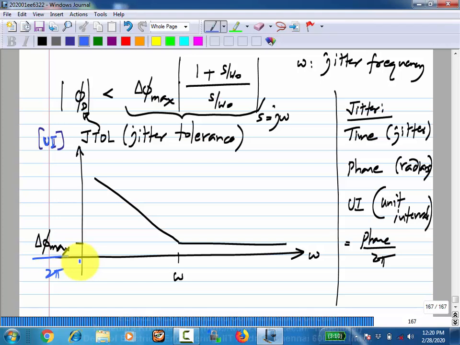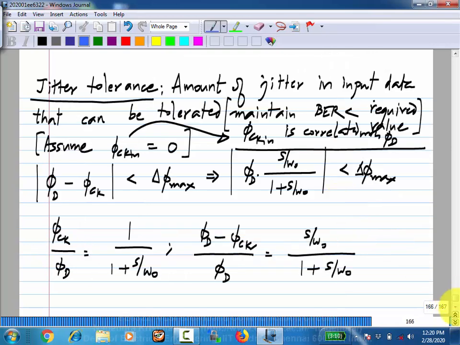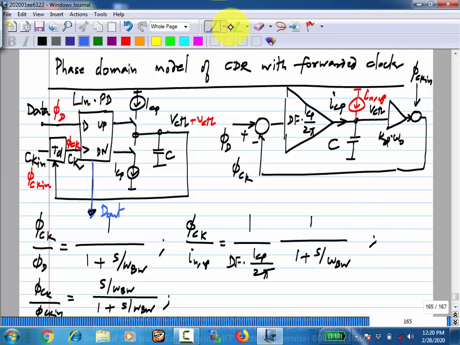The way you measure it is, you measure bit error rate. In practice, you don't care about whether this is within 1 degree of that or 10 degrees of that. You care about getting a certain bit error rate. So you go on increasing the jitter amplitude until you hit a certain bit error rate.